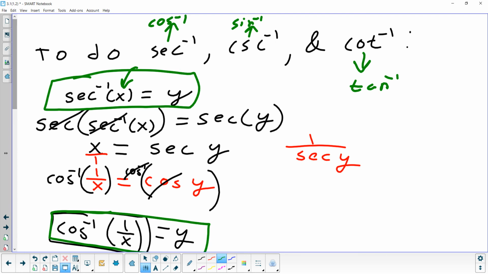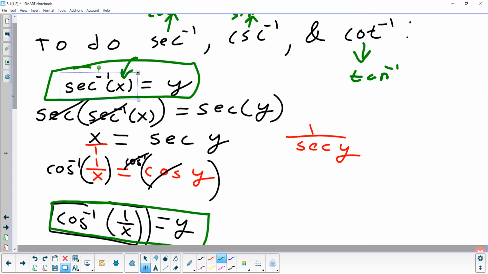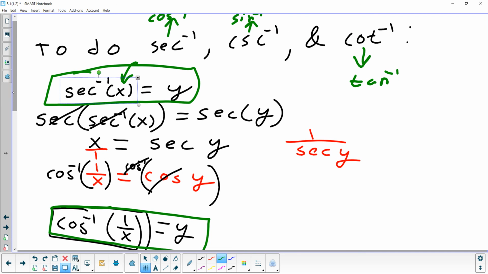Pick the trig function that you get when you flip it. Write that one down. The next thing, take whatever is inside the parentheses and flip it. That's how you have to type one of those three in. So pick your trig function first, that's in green. Then take the number that's here and flip it. The only reason we have to do it that way is because we do not have a button for it on the calculator.